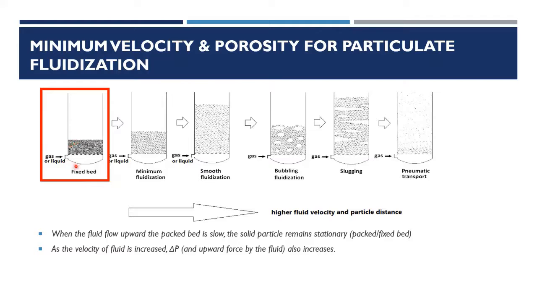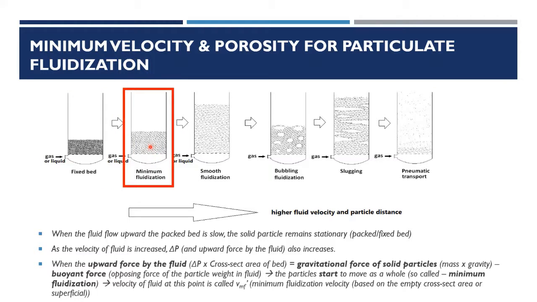Now as the velocity of the fluid increases, the delta P of the fluid, or the upward force by the fluid, also increases. The delta P will increase as the velocity of fluid increases.